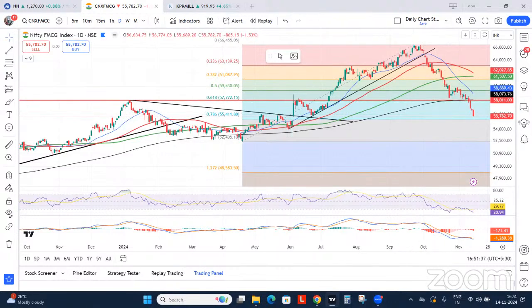So almost 8 to 9% loss in this particular sector, and there is no sign of anything positive here.